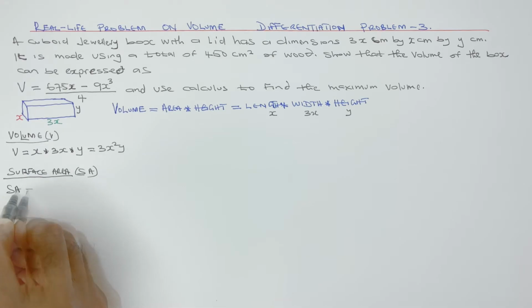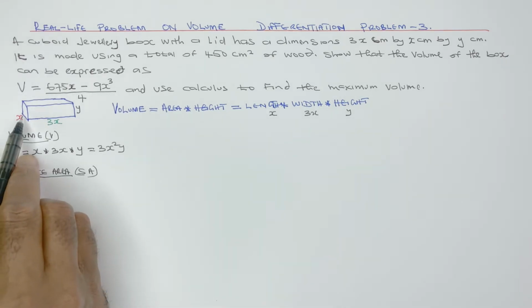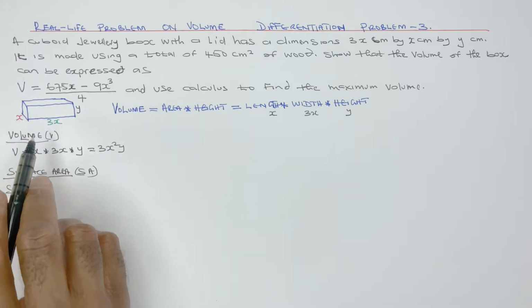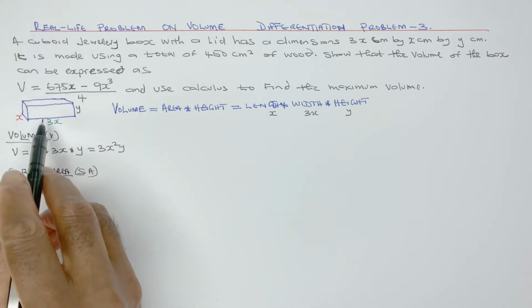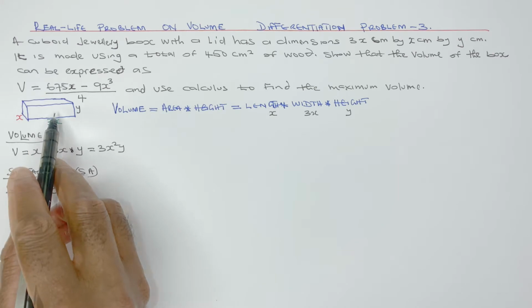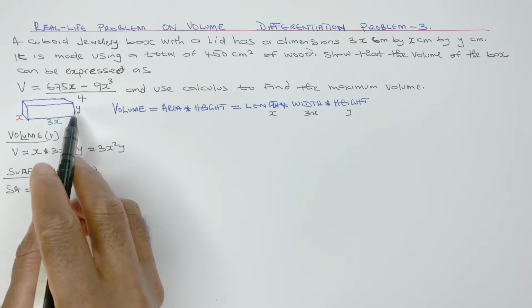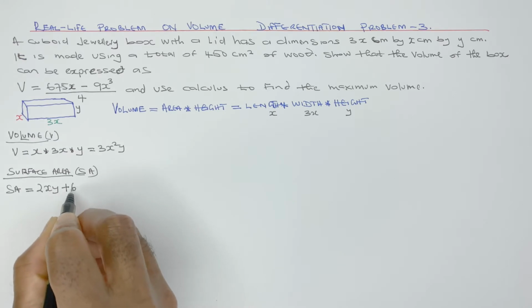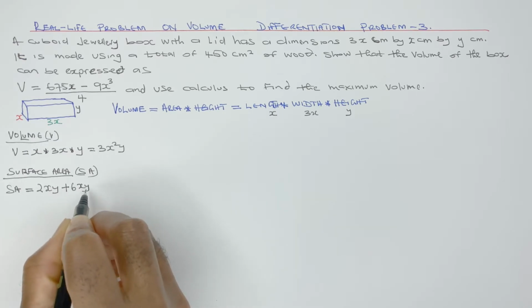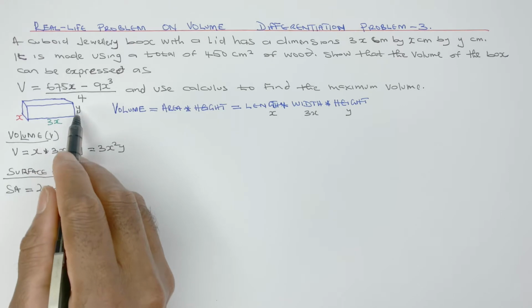So SA equals, now the surface area of that is x times y. And we got two of them, so that would be 2xy. The surface area of this one is 3x times y. Again, we got two of those, so that would be plus 6xy, because that's 3x times y times 2.